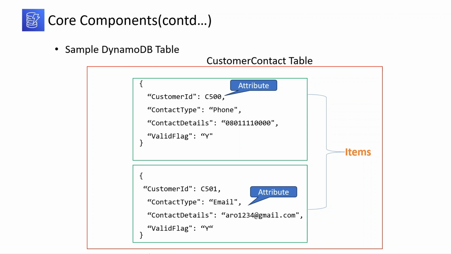That is, one item with contract ID C500 and another with contract ID C501. There are four attributes or fields such as customer ID, contract type, contract details, valid flag.